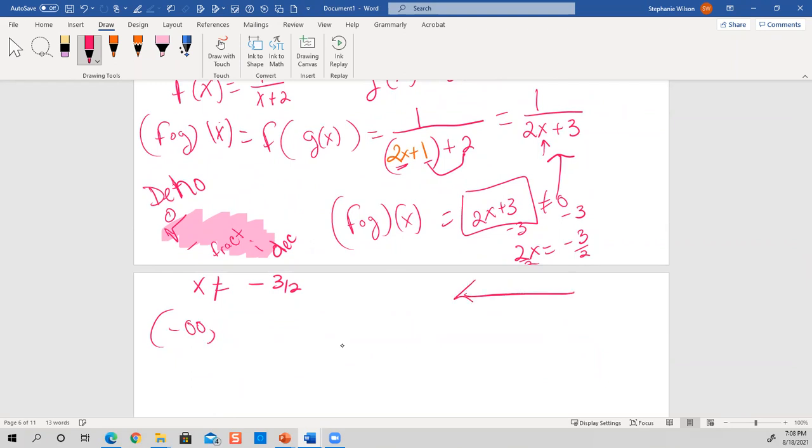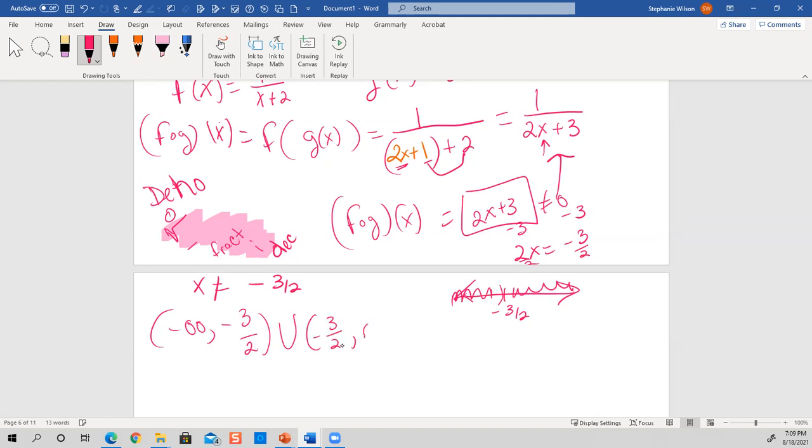Because if I want to draw it on the number line, it might help you. I know that I can have all points to the left of it. I can have all points to the right of it. I just cannot include this point. So I can write it as -infinity to -3/2, and we're going to say it's going to union because we're talking about both sides of it.